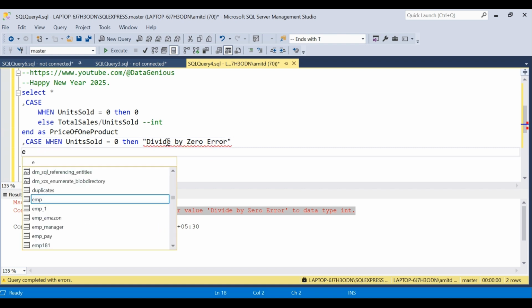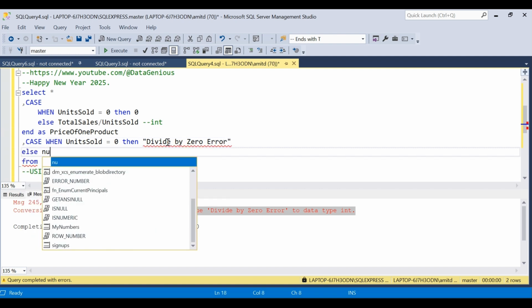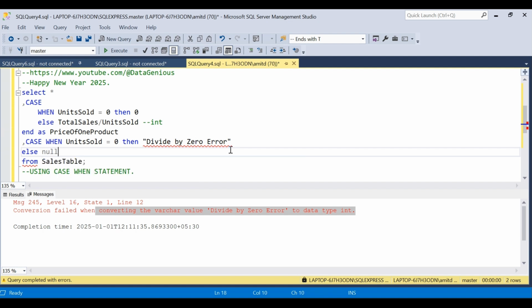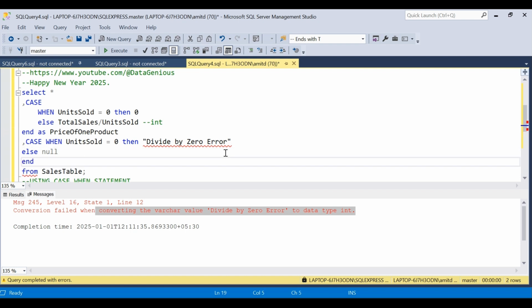Else I want null. End as divide by 0 error, I'll say. Okay, 0 error.